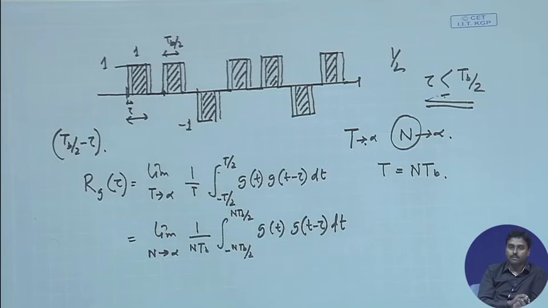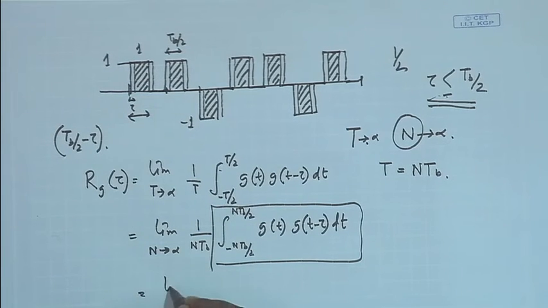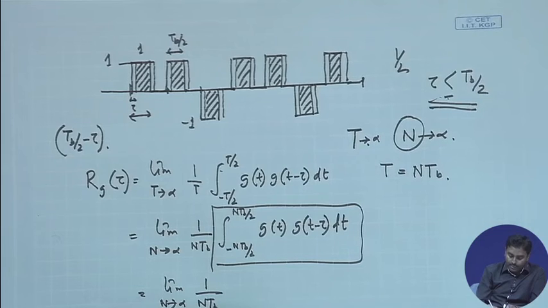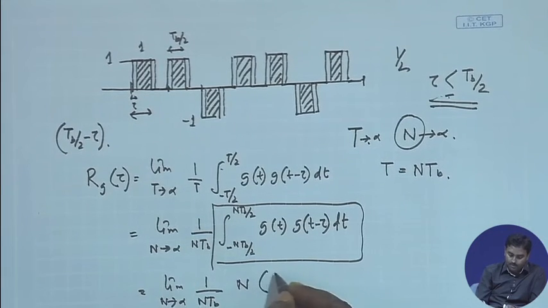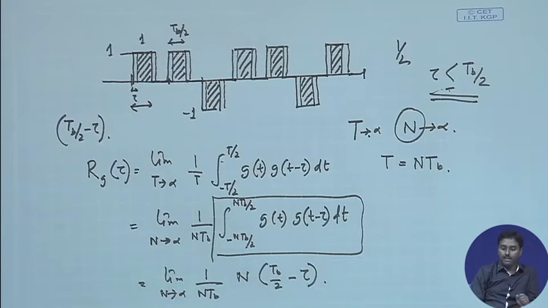How many such pulses will I get? N number of pulses. So, this whole integration I can write as n into this area: limit n tends to infinity 1 by n Tb, n into Tb by 2 minus tau.